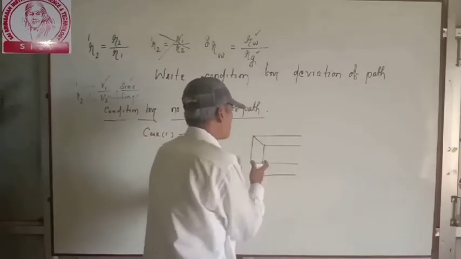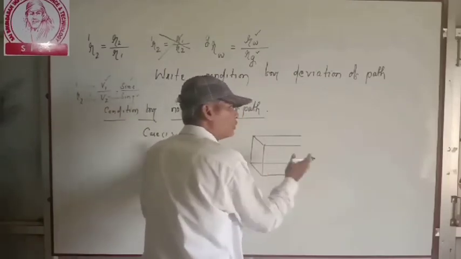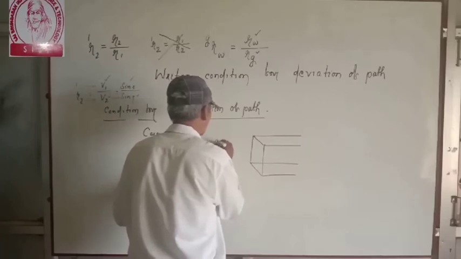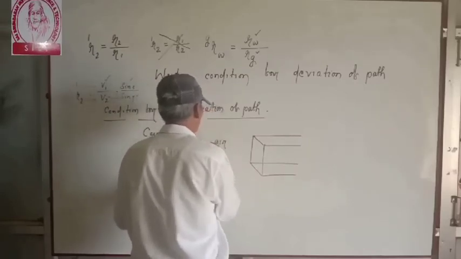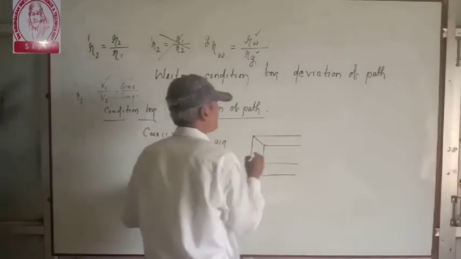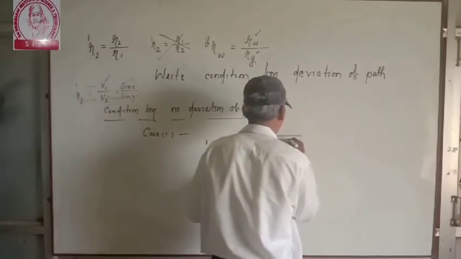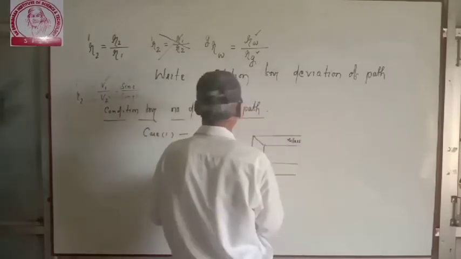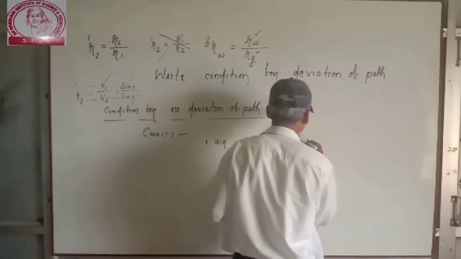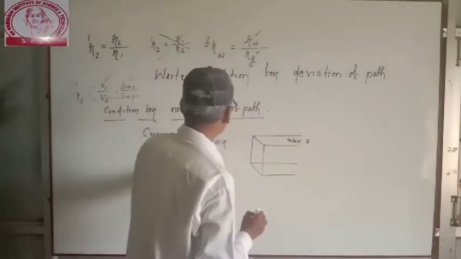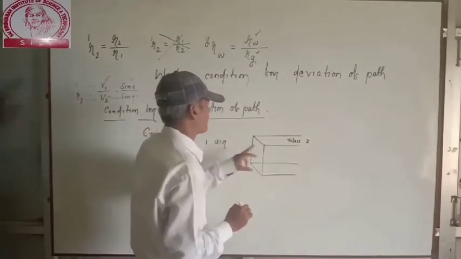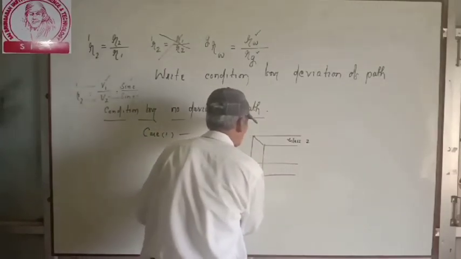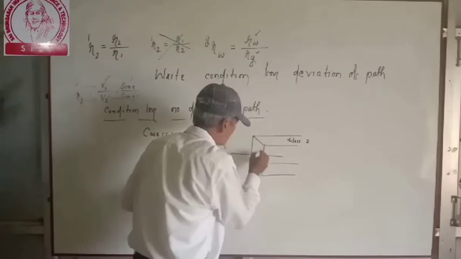The interface means the plane separating two mediums. So now let's say this is air, this is the first medium, this is glass, the second medium. Draw a normal perpendicular to the plane. This is the plane.